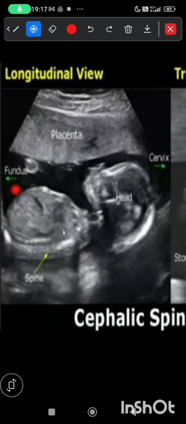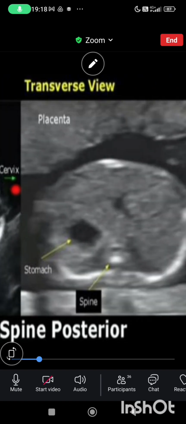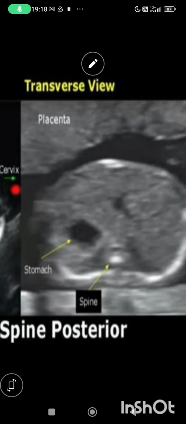But usually they give you this type of cross section, only this type of image, a transverse section of the fetal abdomen, and they only tell you about probe position and then ask which presentation this is.